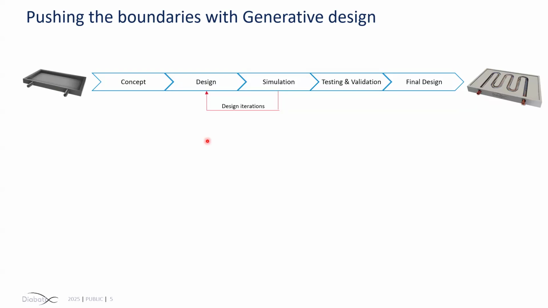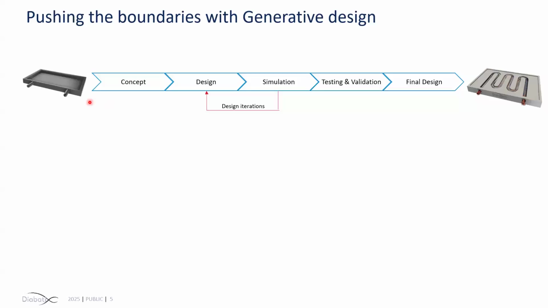A simulation mimics how the design will functionally operate in the operating conditions, and then design modifications and simulation iterations continue to go on. Once the design matures and satisfies the constraints, it goes into testing and validation, and then the final design is created.